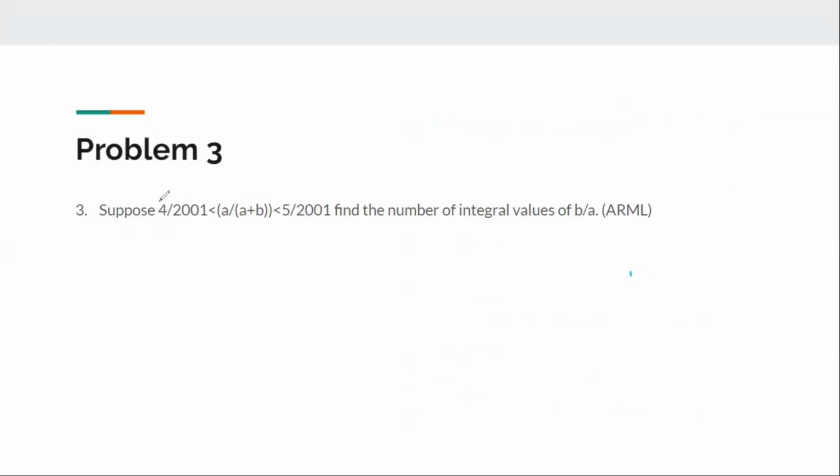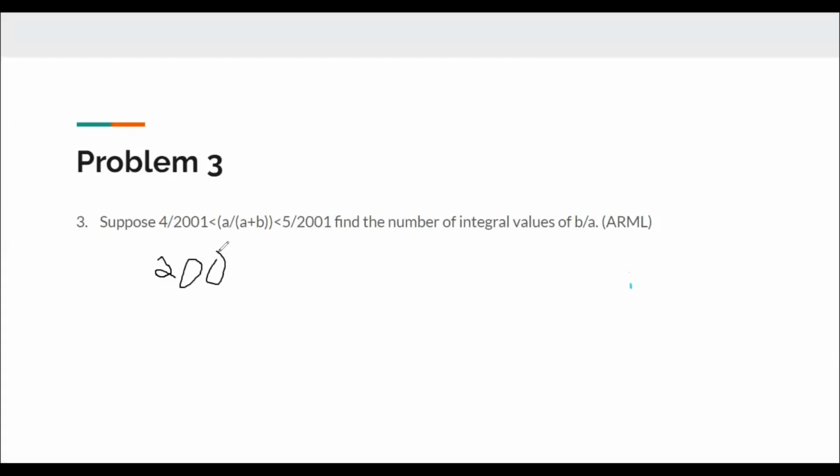So remember how we talked about, like, if a is greater than b and we do 1 over a and 1 over b, then we're going to get 1 over b is greater than 1 over a. So we can use that, and if we flip all of them, this is going to become 2001 over 4, and then you're going to have 2001 over 5 here.